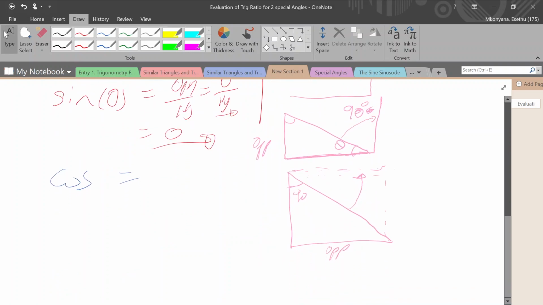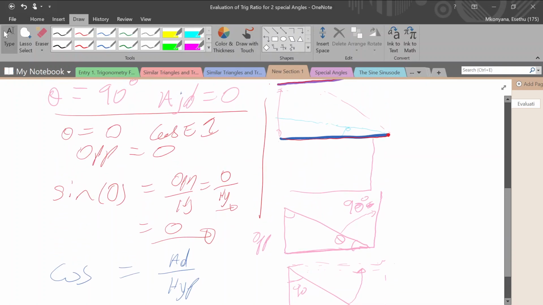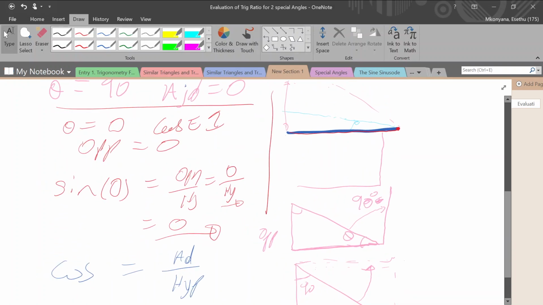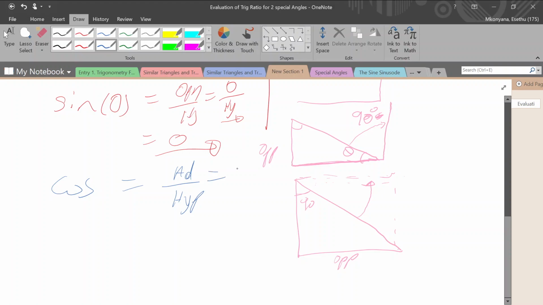So we can say this becomes adjacent over hypotenuse, but because they are equal, whatever value you get, if adjacent is 17, this would be 17. If it's 20, this would be 20, because this moves until it lies exactly on top there. So this becomes 1. Cos of 0 becomes 1.